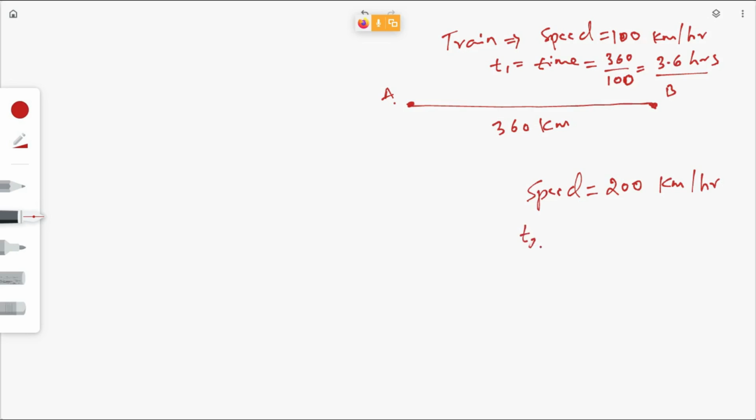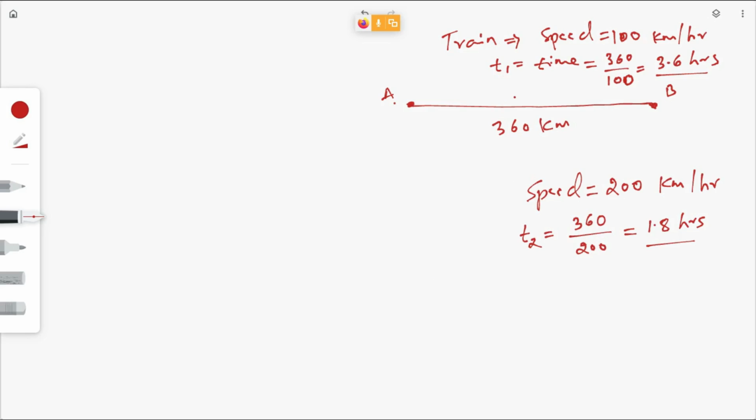Then what is T2 here? Time taken is equal to total distance 360 divided by 200, which is equal to 1.8 hours. So this is your T1 and this is your T2.